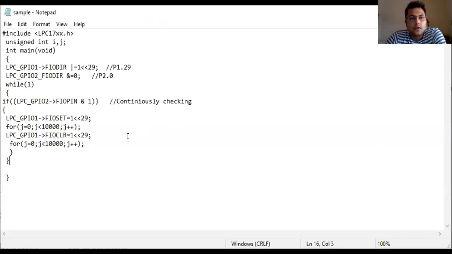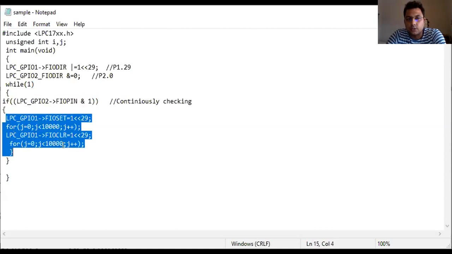And we want to do it once our switch, which we have connected to our port number 2 and pin number 0, is pressed. So that pin is continuously being checked here. If you can see here in this if condition, we are continuously checking the pin. If this is 1, then only we are coming inside the loop and doing our operations.